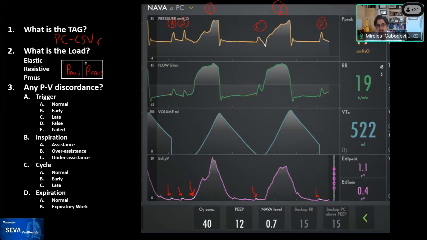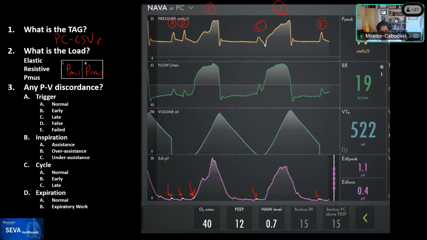Because it's proportional, it will give pressure proportional to the electrical activity of the diaphragm. And in this case, the NAVA level was set at 0.7. So it will detect a change in microvolts, sorry. Thank you, Vlad, because you corrected me on one of the SEVA courses about the microvolts.